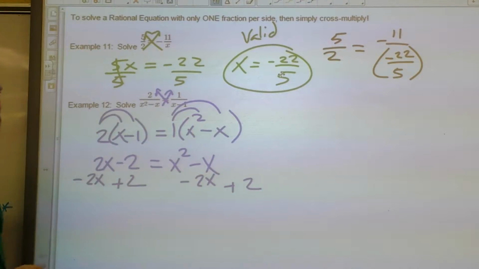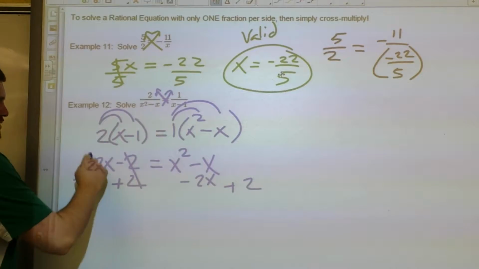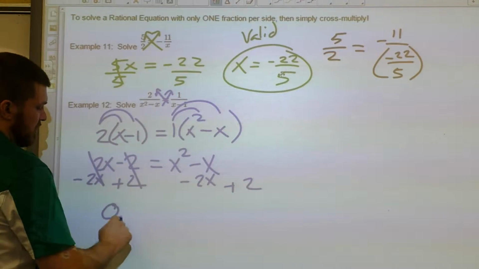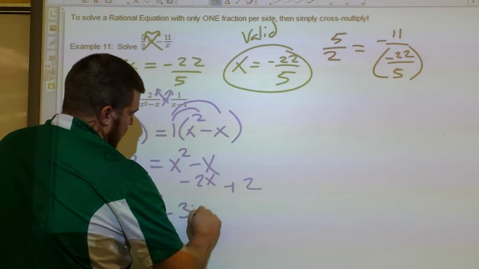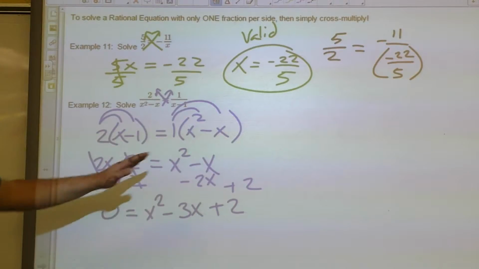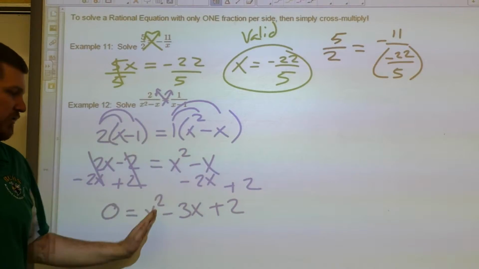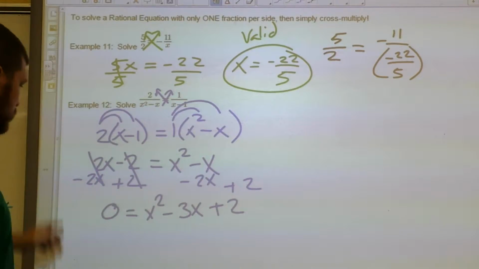I'm doing this all in one move. If you need to split it up into 2 moves, that's fine. Essentially, negative 2 and positive 2 cancel out. Positive 2x and negative 2x cancel out, just leaving me with a 0 on the left and x squared minus 3x plus 2 on the right. I just moved everything over and combined like terms: x squares go with x squares, regular x's with regular x's, regular numbers with regular numbers.